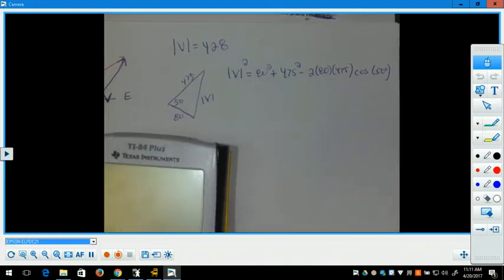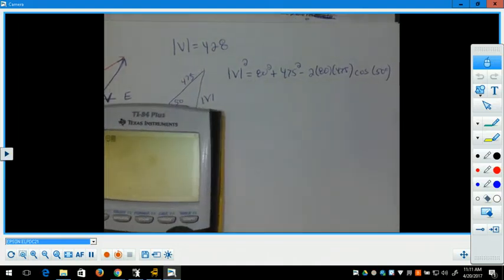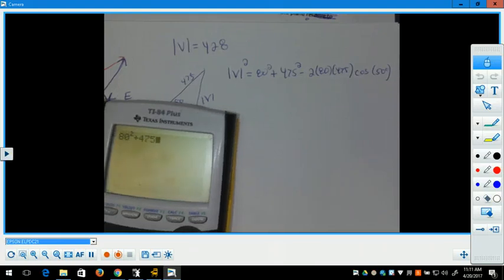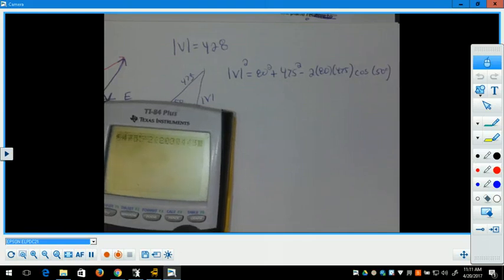So we used our calculator and we put all that in. We had to make sure we were in degree mode because we've been working in radians a lot. Minus 2 by 80 by 475 times cosine of 50 degrees. And we get this value and we take the square root of it.